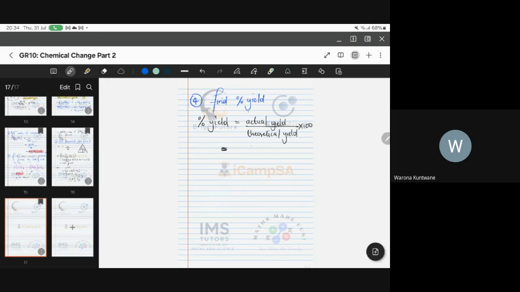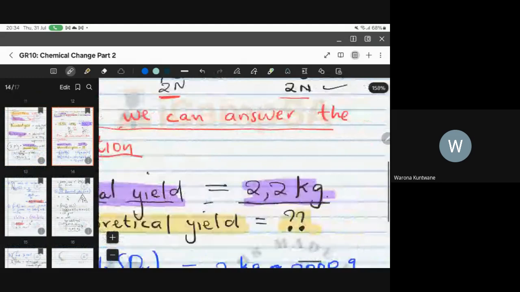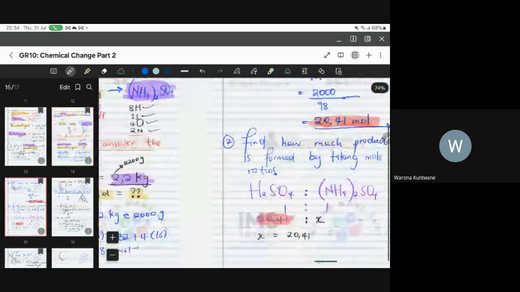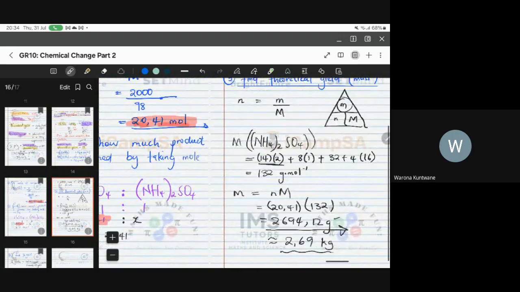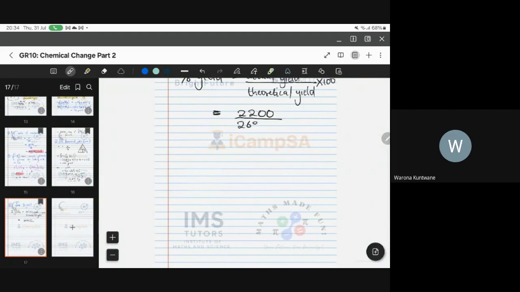Our actual yield, we were told, is 2.2 kilograms. You could have done it the other way and converted the 2.2 kilograms to, actually, let's use 2,200 grams. That was our actual yield, the same as 2,200 grams. And we just found our theoretical yield, 2694.12. So we put it here: 2200 over 2694.12 times 100.